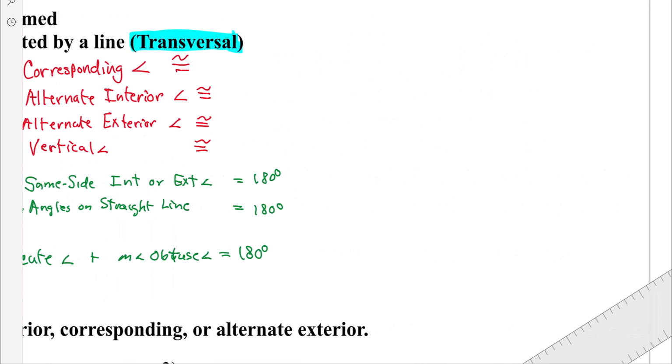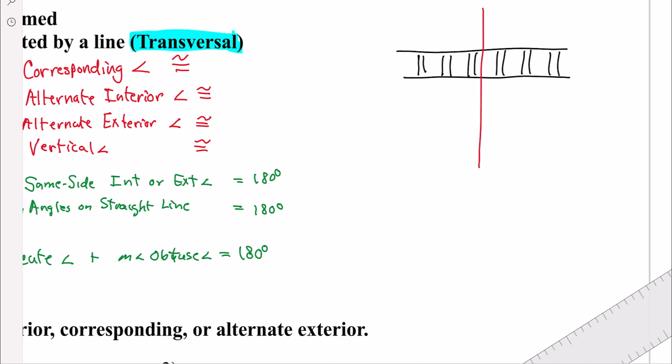Let's say you're looking at railroad tracks. I'm drawing it poorly, but let's pretend you see that. And then there is a road that crosses the railroad tracks. There's a stop sign here, and people have to stop before they go over the railroad tracks.